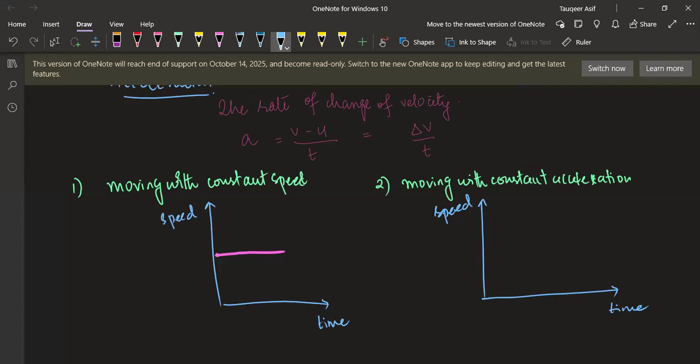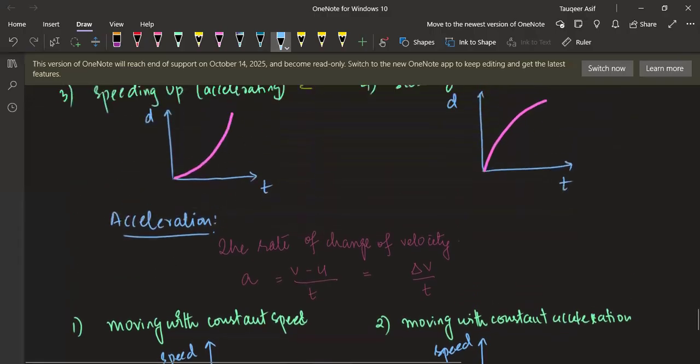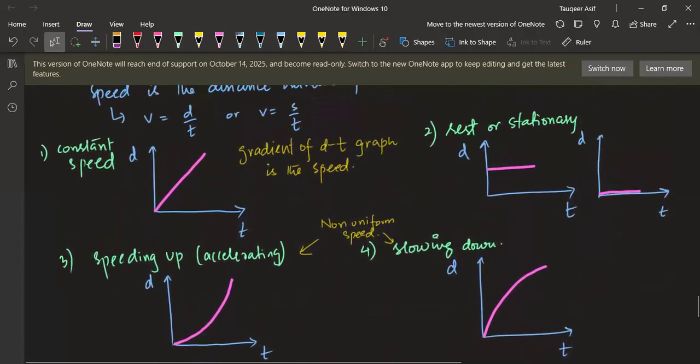Okay, so speed time, and we are going to link it with the acceleration. When we linked the distance time graph with the speed, we were talking about the gradient. Over here the rate of change is increasing, which means the gradient is increasing at every point, and over here the gradient is decreasing.